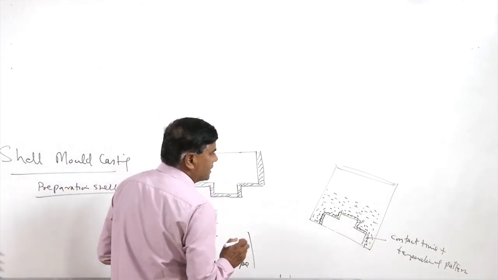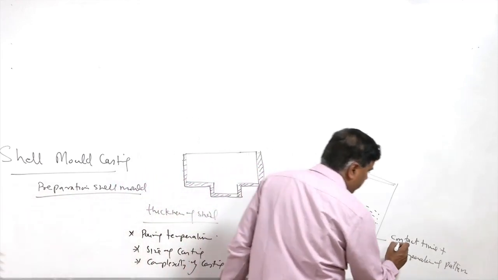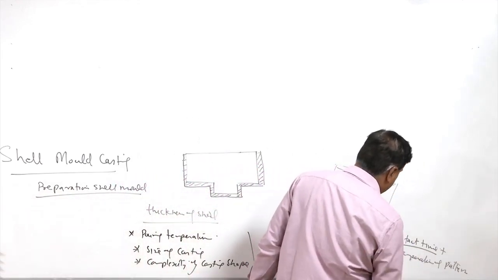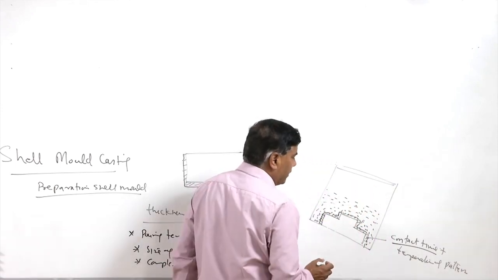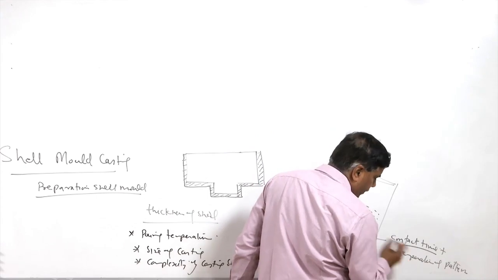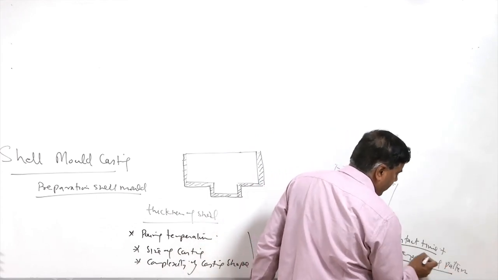This shell thickness, as I have mentioned, depends upon the contact time for which the sand mixture remains in contact with the hot pattern plate, hot pattern, and the temperature of the pattern.